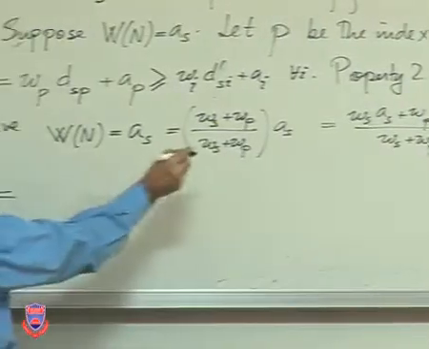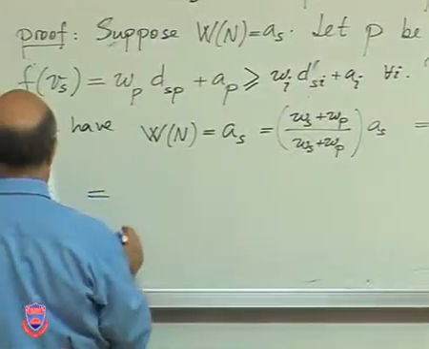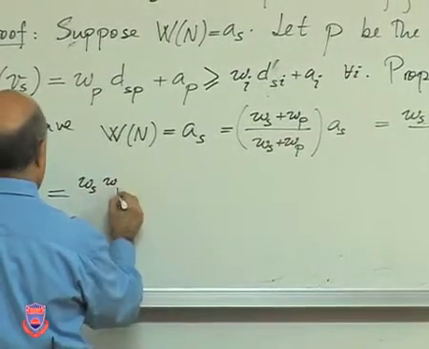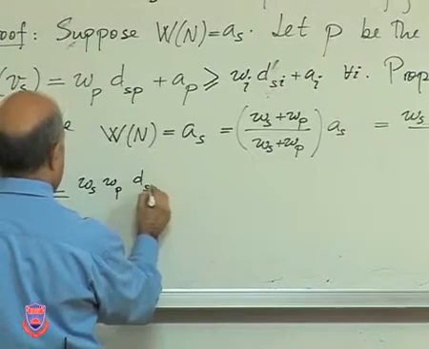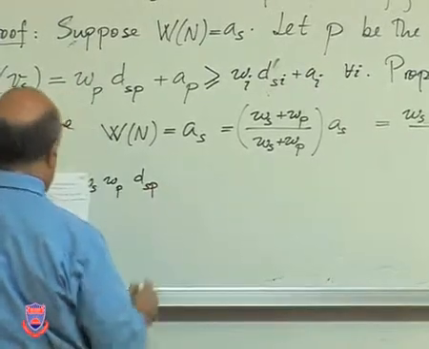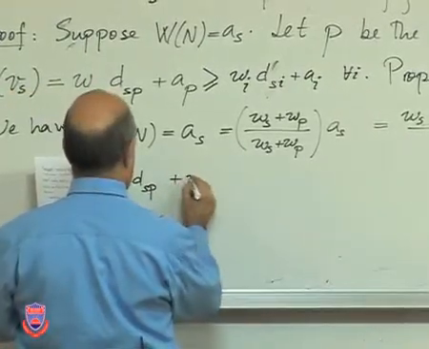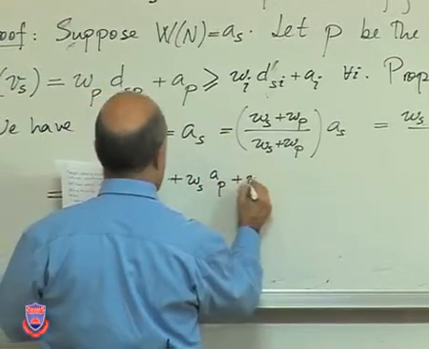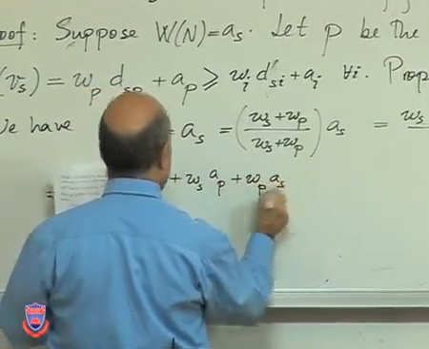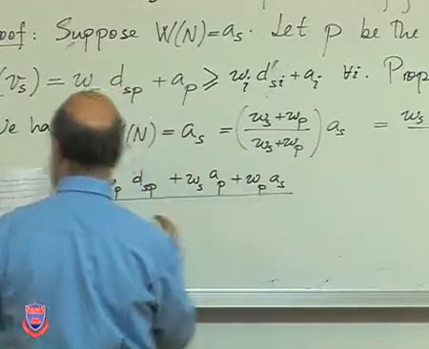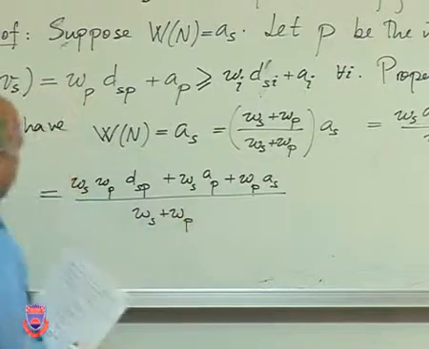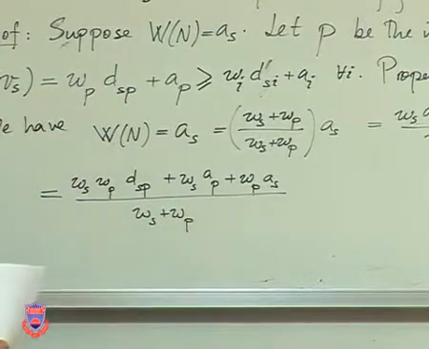Now, if you continue, that last expression is equal to Ws Wp dsp plus Ws ap plus Wp as, over Ws plus Wp. Where did I get this from?